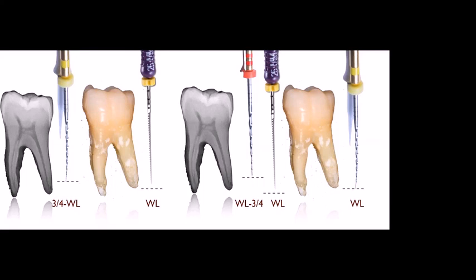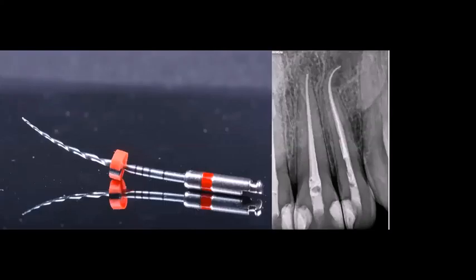So the question could be, why do you use the 25/06 to three quarters and not the 20/04 directly to the working length? I use the 25/06 to three quarters of the root canal in order to increase the diameter in the middle and coronal part, and then the 20/04 is only going to work in the apical part. So we are going to decrease the stress on the 20/04.